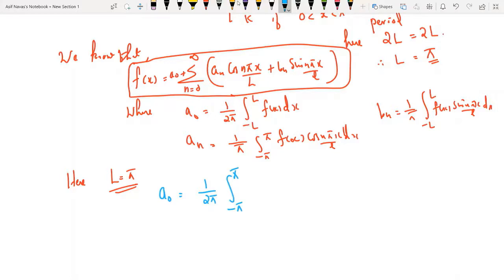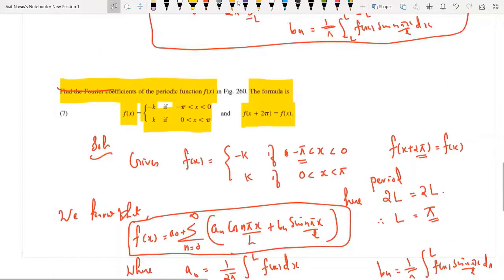F of x is given, so this is equal to 1 by 2 pi integral, where f of x is defined as minus k from minus pi to 0 and k from 0 to pi.